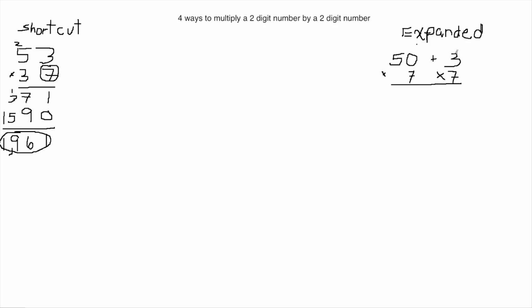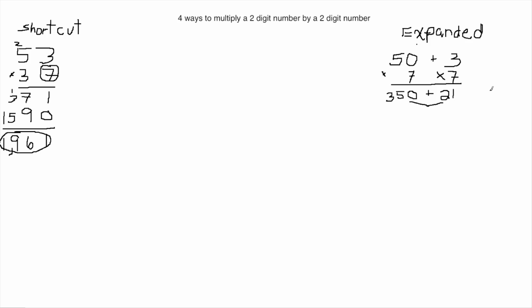So 7 times 3 is 21. Plus, 7 times 5 is 35, and we add a 0, so it's 350. Now, you can add this up to the side.